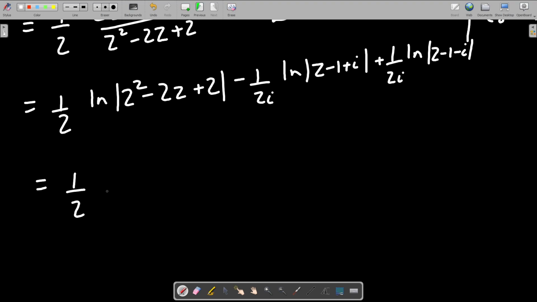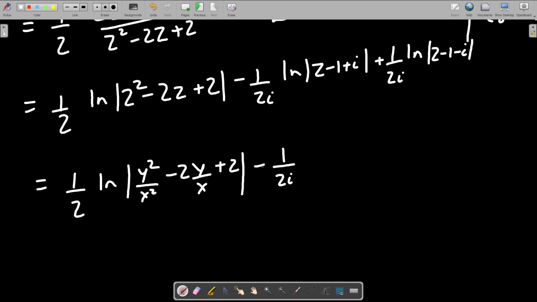So this is half times ln of y square by x square minus 2 times y by x plus 2. Okay, 1 upon 2i, you keep out common here, right? This I can combine. This is numerator subtracting the denominator.